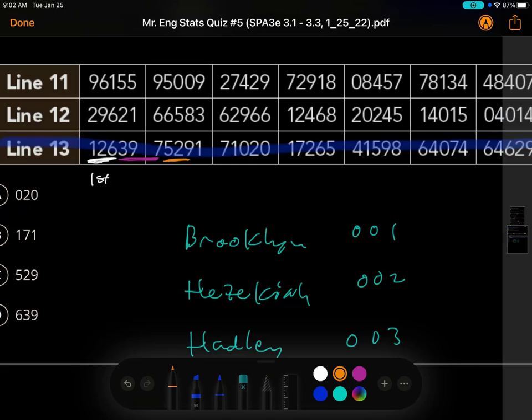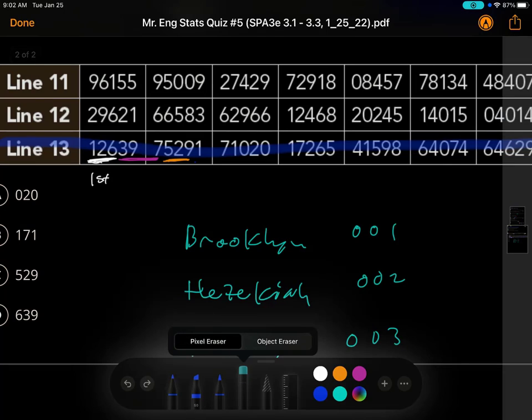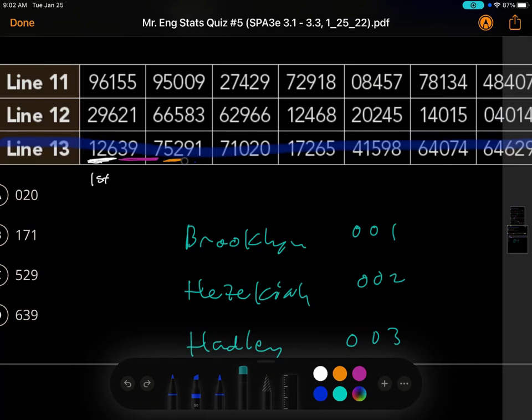This number is not a number between 001 and 300, so no. The next number is, oops, see, it's got to be super precise here. Oh, I was right. That is 529. Okay, next number. 171. Okay, this is good. This is the second student.